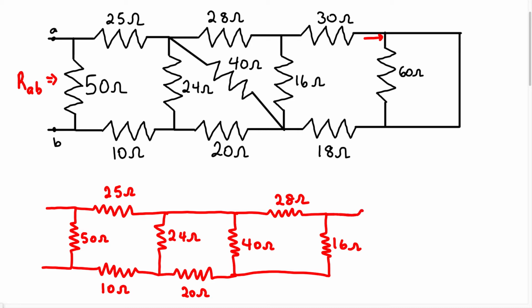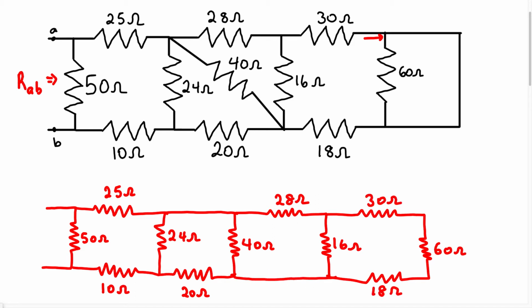Then we have a 30 ohm resistor, a 60 ohm resistor, an 18 ohm resistor, and finally, one of the most important pieces is to draw in this resistor here and label it 0 ohm. Alright, we know this is A, this is B.